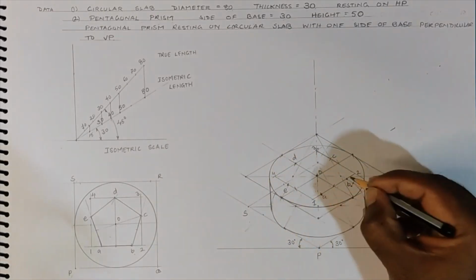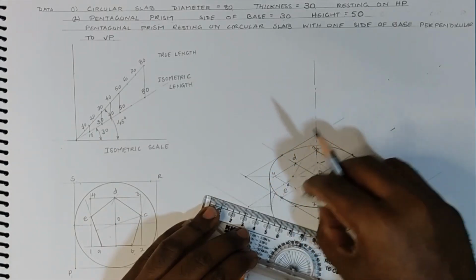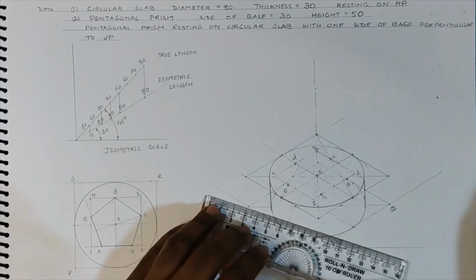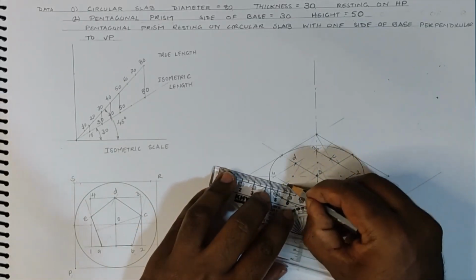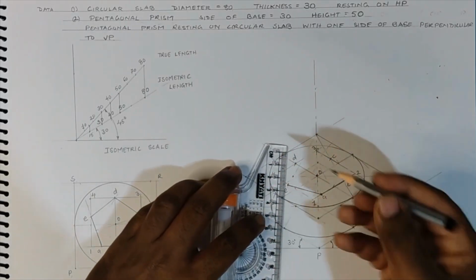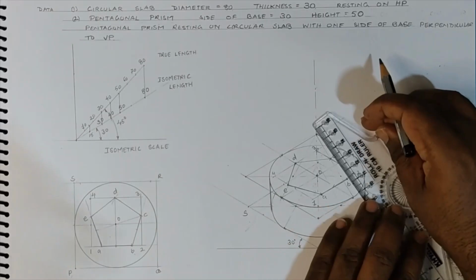So I have found all the points on the pentagon ABCDE, and I will be joining all the points with dark lines. Remember, the points or edges on the back side would be kept faint because they would be hidden from the front portion. So I will be drawing faint lines on the back side.